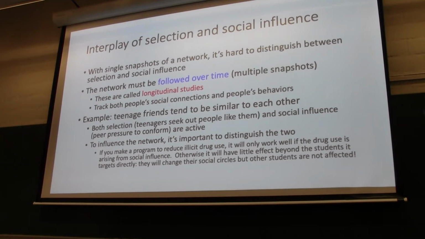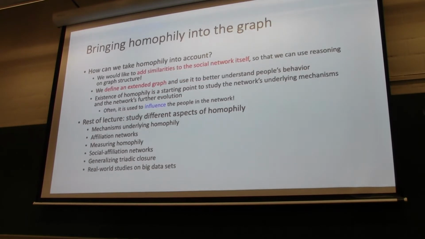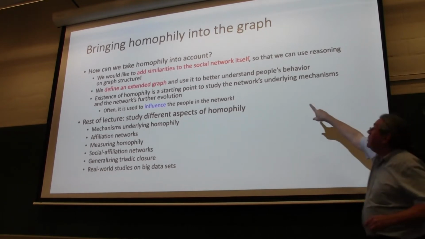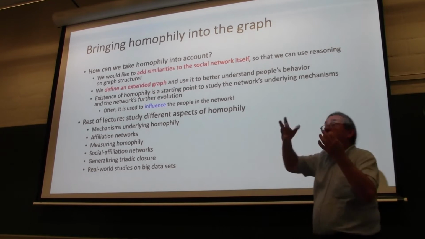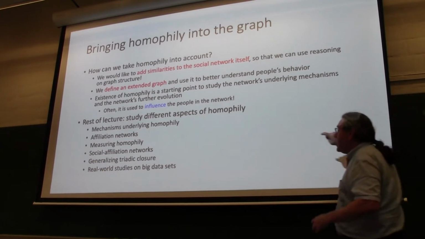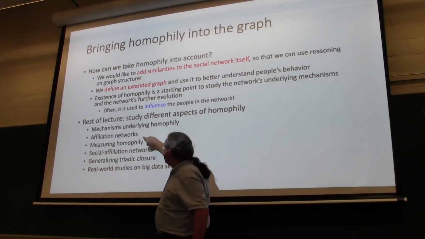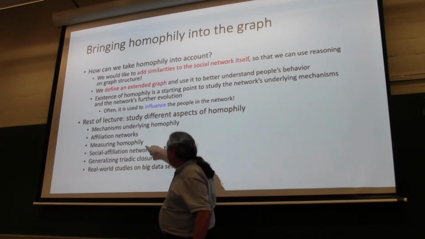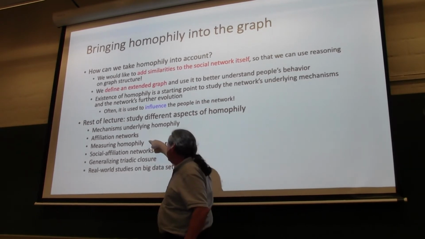This is just saying that you have to follow the network over time. So we're going to add the similarities to the social network. We're going to define an extended graph, okay? Affiliation networks. And once we have that, we can start measuring how strong it is, okay?